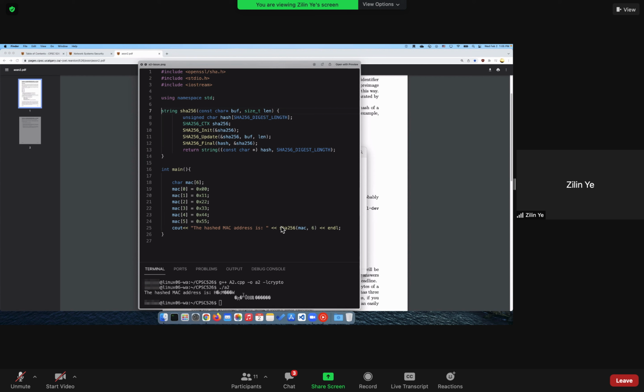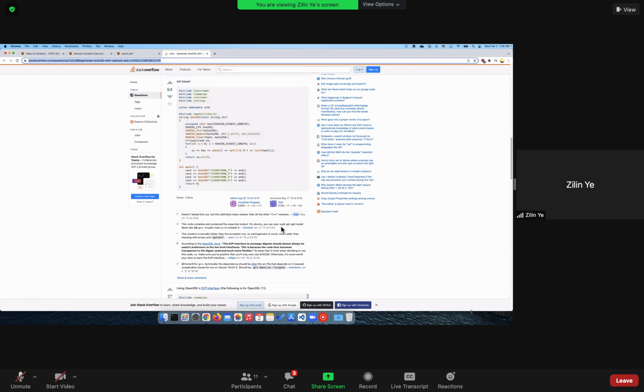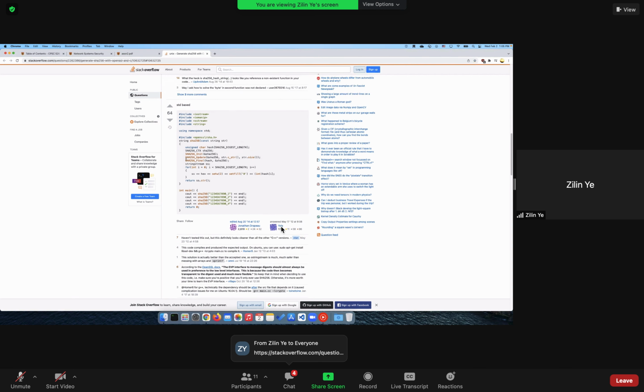In order to solve this, there is a Stack Overflow answer that I found. I'm just going to copy and paste this link to the chat, so feel free to use this answer. You see, from this answer, this person is basically doing the same thing. We have an unsigned character array to store the results, and we have the context.